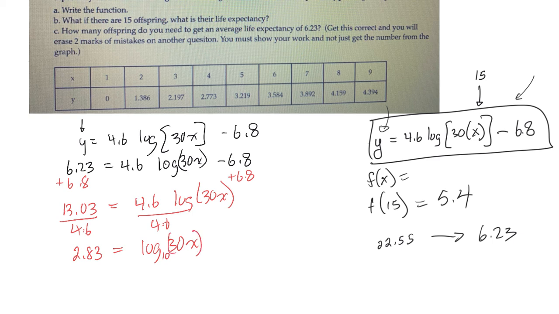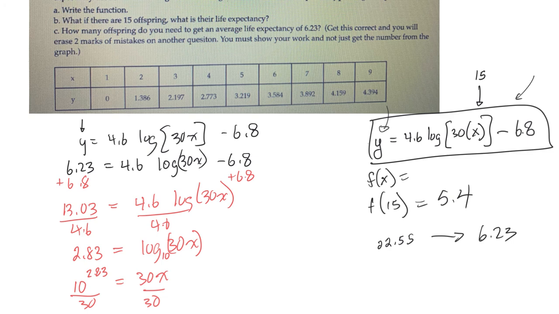And then this is base 10, so I'll change it to exponential notation. 10 to the 2.83 is equal to 30x. Then divide both sides by 30. So 10 to the 2.83, and then divide that by 30.